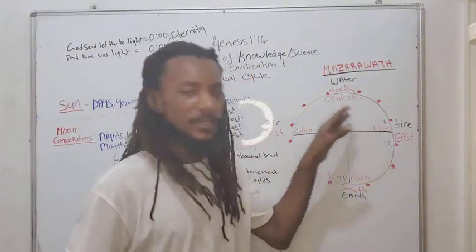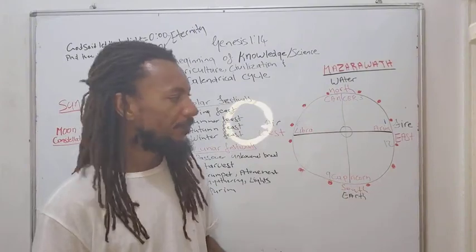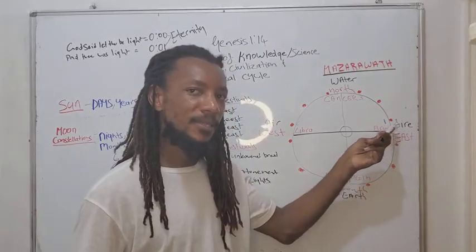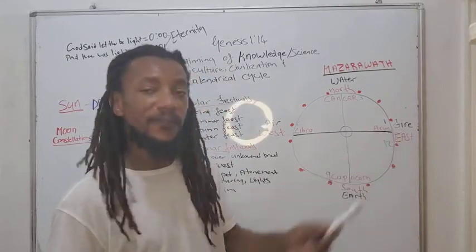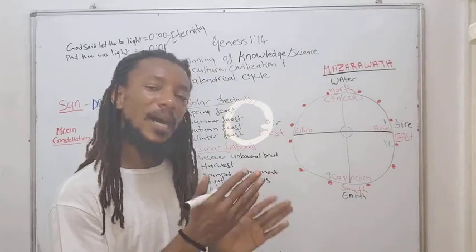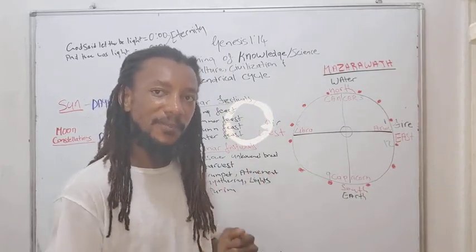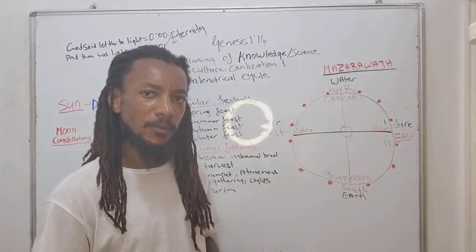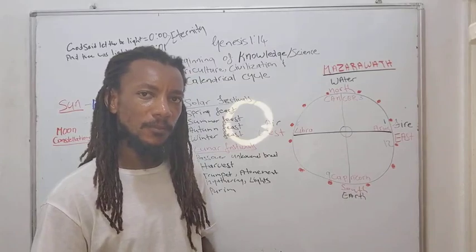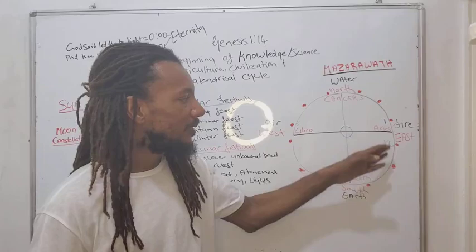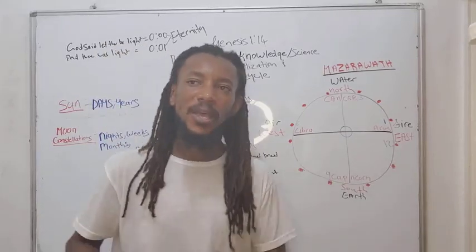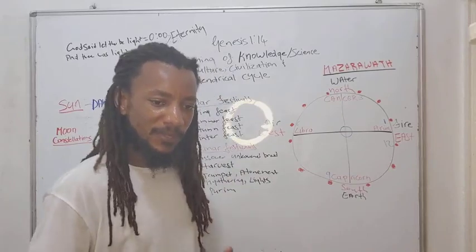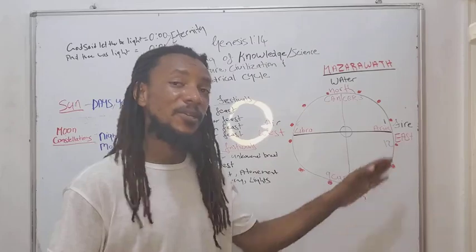So let's talk about each month. When the sun starts the cycle here, this first month is always hot and dry. It's the fire element. Why is it dry? Why is it hot? It's hot and dry because in the first month, that's when you're going to do your plowing, right? Now, depending on your land and so forth, this could be your second plowing.